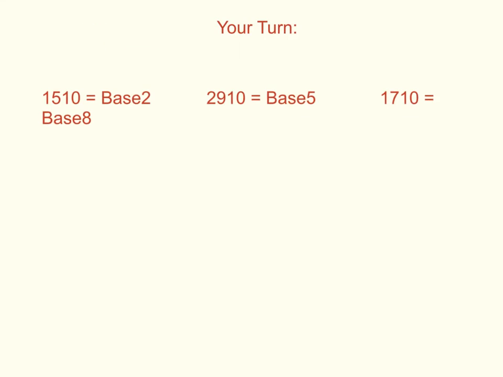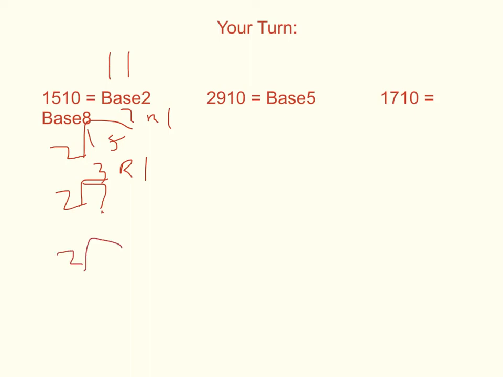How'd you do? Well, let's find out. I'm going to take 15, divide it by 2. It comes out 7 with a remainder of 1. So 1 will be there. 7 divided by 2 is 3 with a remainder of 1. So 1 goes there. 3 divided by 2 is 1, I should say, with a remainder of 1.